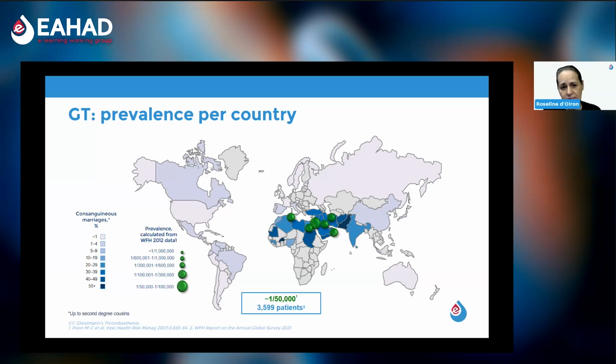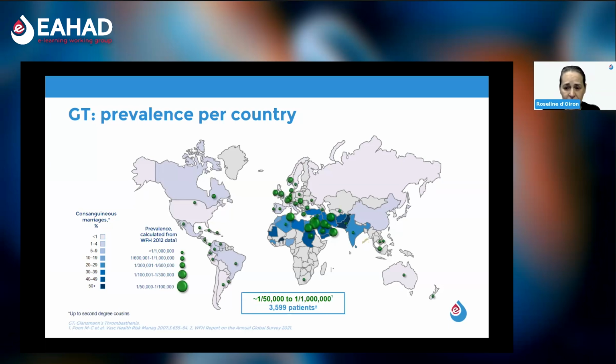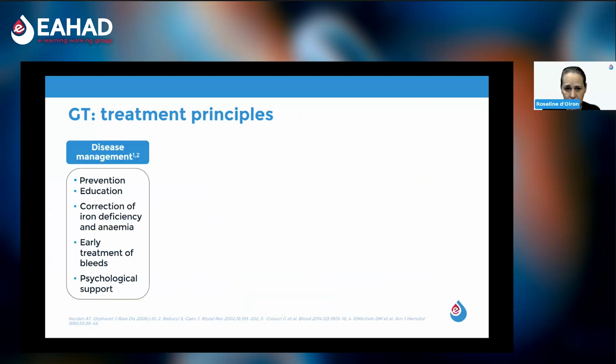So this prevalence might differ considerably according to the consanguinity, and it can be only 1 per 1 million inhabitants, but it could be also, in other countries where the highest rate of consanguinity do exist, 1 out of 5,000 people.